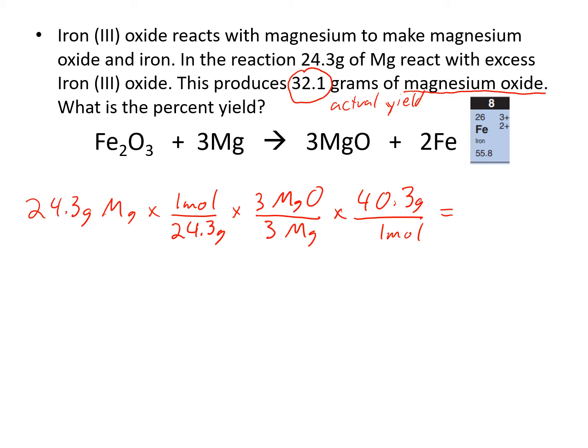Now, if I go 24.3 divided by 24.3 times 3 divided by 3 times 40.3, my actual number I should get is 40.3 grams of magnesium oxide. So what is this number right here? This is how much magnesium oxide I should get based on calculations.